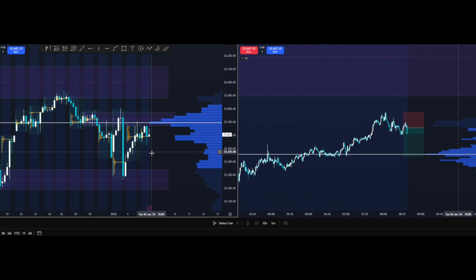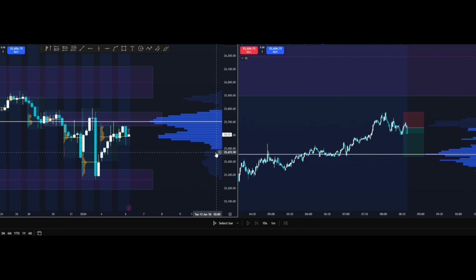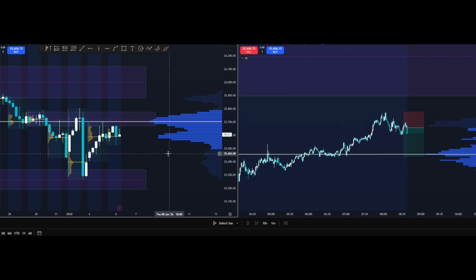So these two zones are what I'm mainly focused on today. When you come into the day, you shouldn't just look at the whole chart, because you're only trading intraday. I don't scalp, I'm an intraday trader, so my maximum hold is 30 minutes.